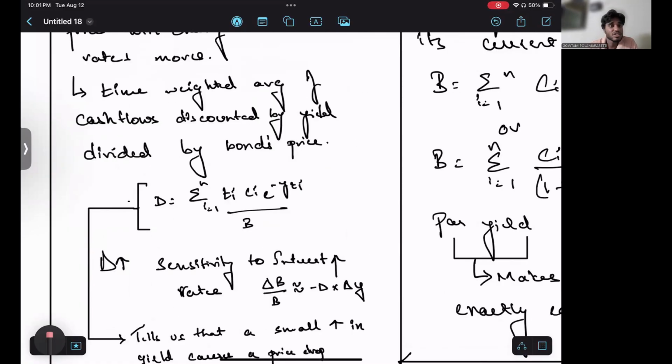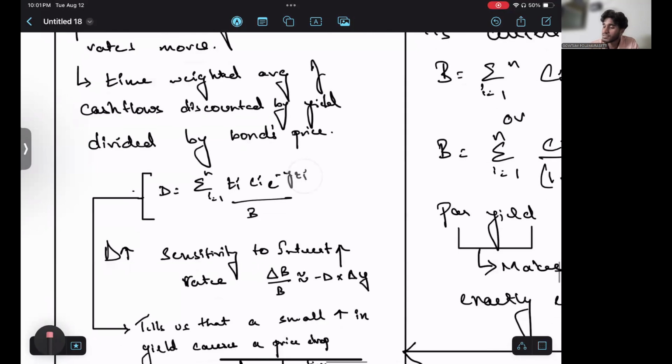So the formula for duration is this: D equals the summation of Ti times Ci times e to the power of minus yTi, which is the discount factor, divided by the bond price, from i equals 1 to n. n is the number of cash flows which we get from the bond.